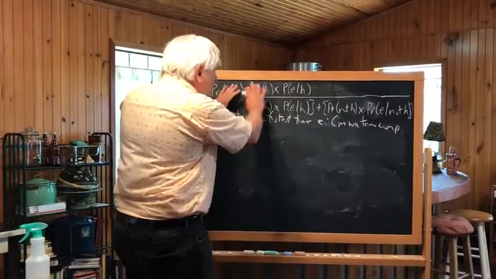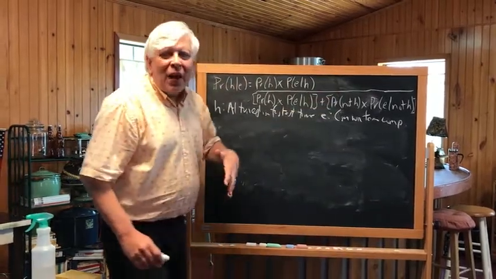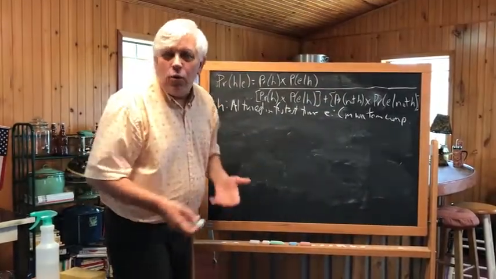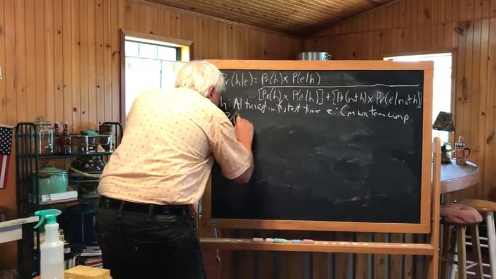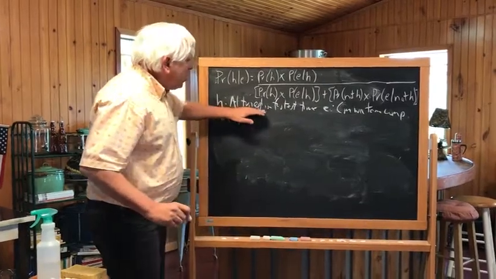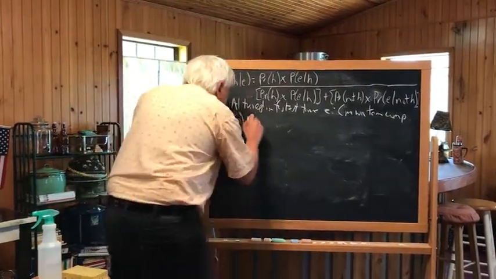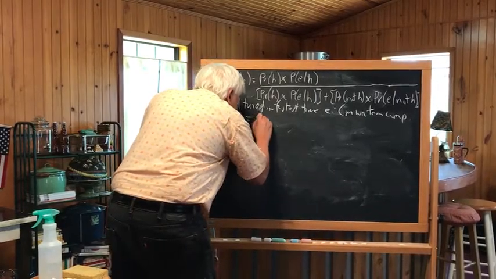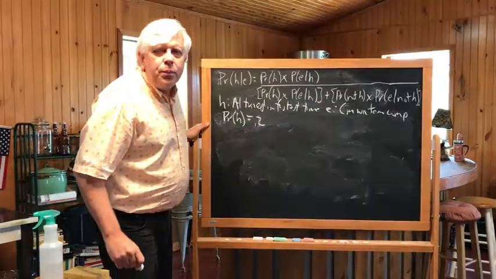Okay? So now what we need to do is get all of our basic components of Bayes' theorem, and then we just plug them in and do the math. So one thing we're going to need is the prior probability of the hypothesis, the prior probability that Alfred turned in the fastest time. Well, remember, in the statement of the problem, we were told that that happens 20% of the time.